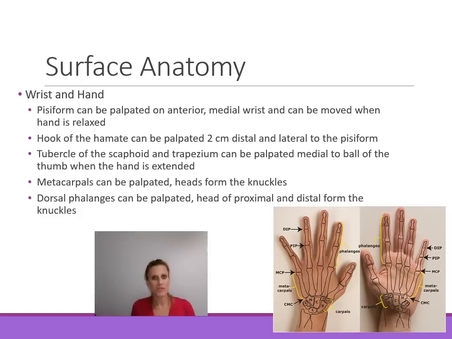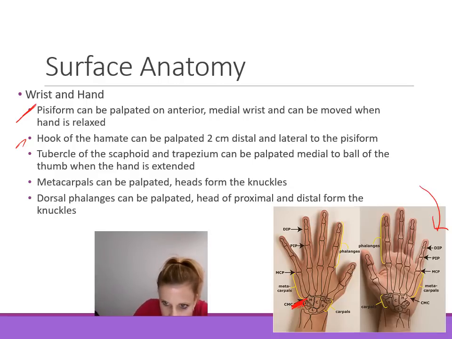There are multiple bones and prominences that can be palpated on the wrist and the hand. On the palm side, the pinky side of the hand, you can palpate the pisiform, which is one of the carpal bones, and also the hook of the hamate. When the hand is completely at rest, you can wiggle and move the pisiform, right in this area on the palm side.